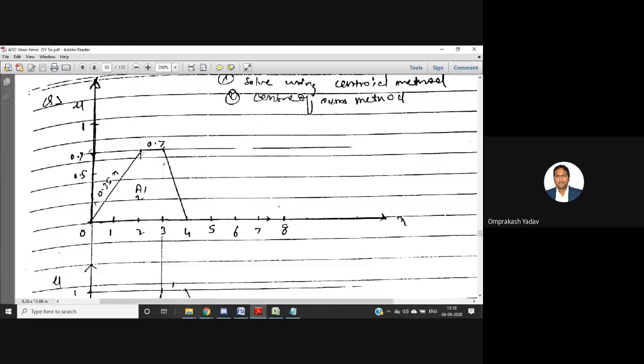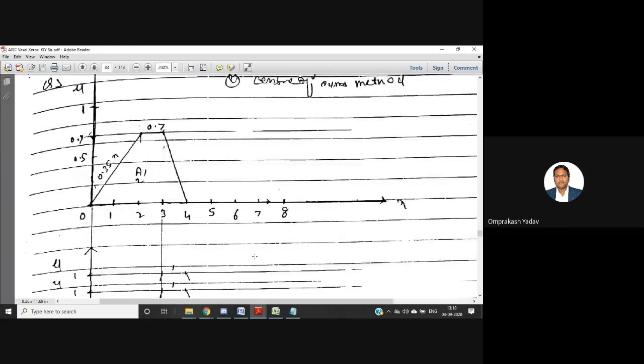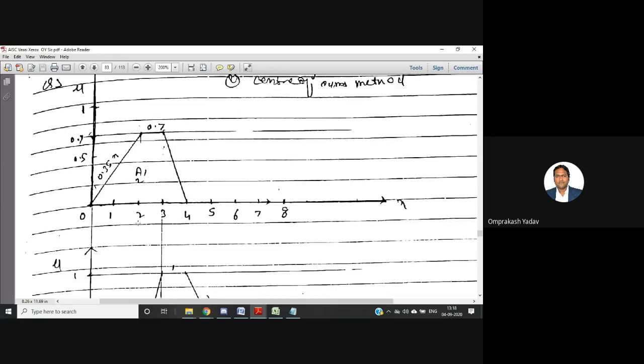So this graph is like this: 0.35 line, then 0.7, and then till 4, and 2 is coming somewhere here.